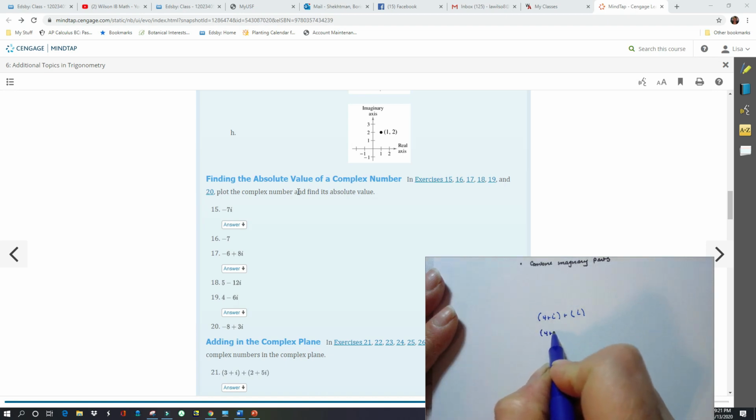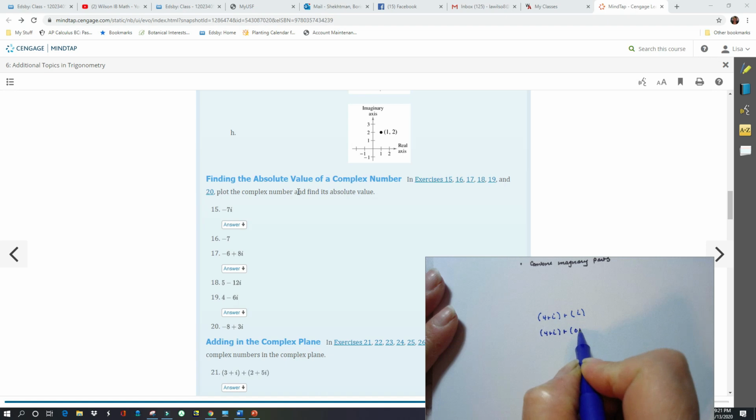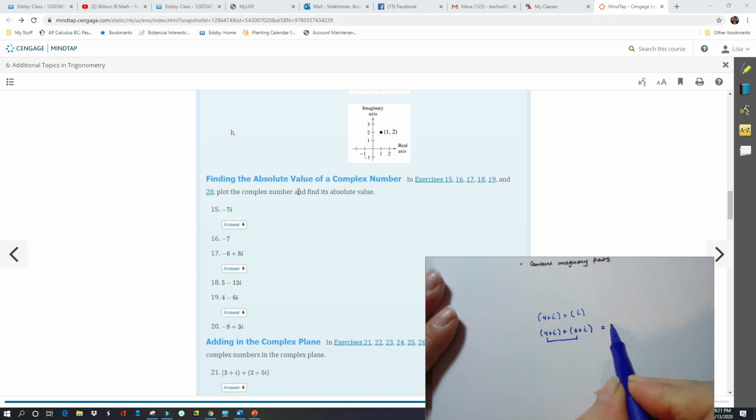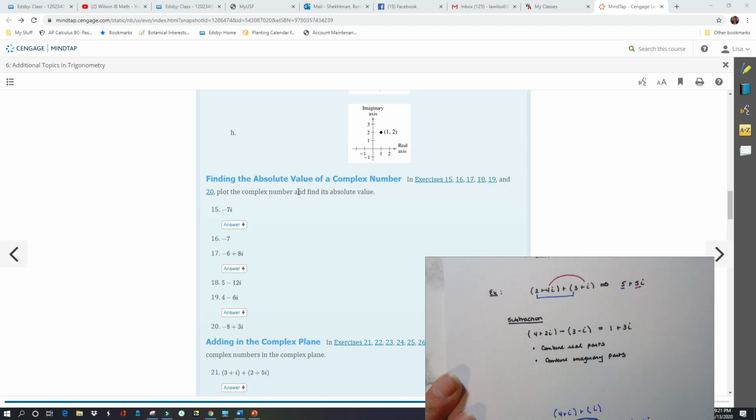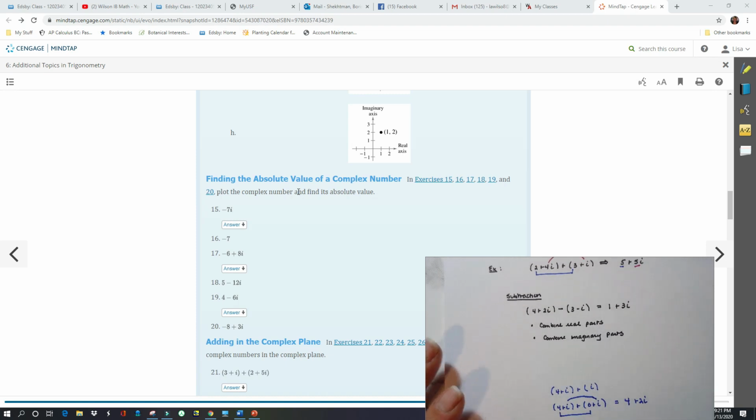So if that happens, do this. You see that? And now add the real pieces together. Well, 4 plus 0 is 4, and i plus i is 2i. And you've just added your two complex numbers. If you want to subtract, then again, you can change it to the opposite if you like.